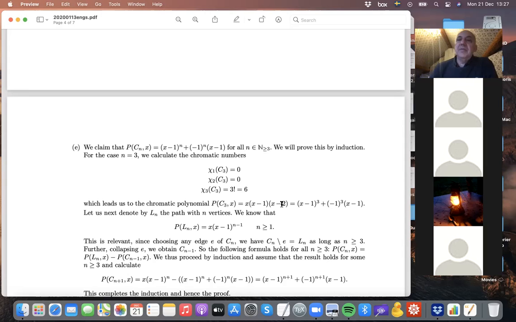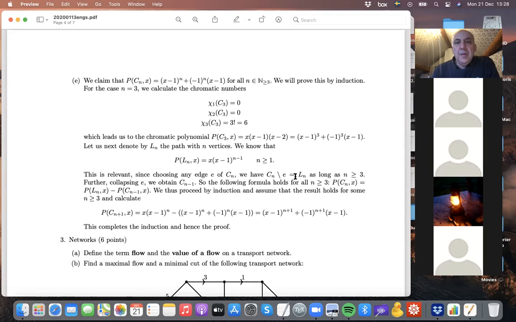And in general, if we have a complete graph on n vertices, its chromatic polynomial would be a longer product like this: x times (x-1), (x-2), (x-3), and so on, up to (x-n+1). Okay, so we can rewrite this in the required form for n equals 3. It has the required form.